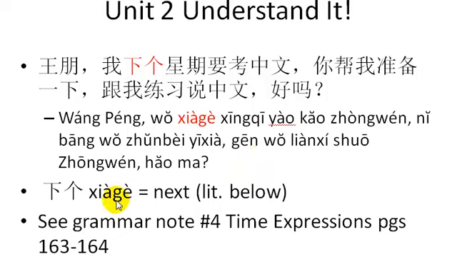So 下 literally means below. So you have week 1, and then below week 1 you have week 2, below that you have week 3. So you think in Chinese time, they're saying the week below, because in their conceptual thinking, time is flowing from top to bottom in this case, at least linguistically. So 下个 literally means below, but translated properly into English means next. So we have next week.